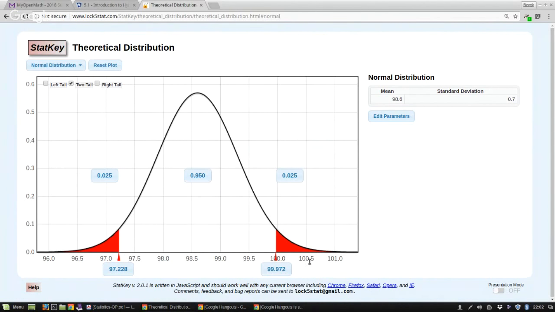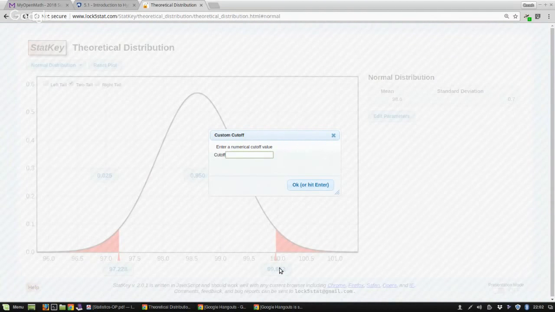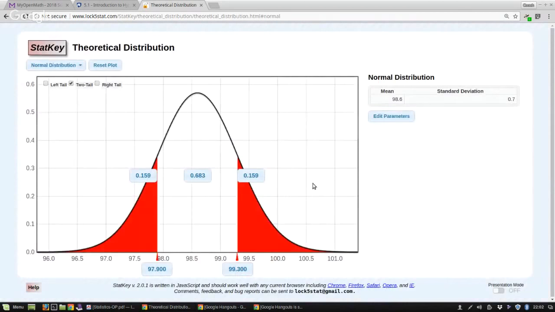If I go one standard deviation to the right, that would be 98.6 plus 0.7, which would be 99.3. And because I picked a two-tail test, it's going to give me one standard deviation to the right of center and one standard deviation to the left of center. And here again, the mean is my center, 98.6. And you can see I get the exact same values I was getting from what I call the standard normal. Standard normal, again, is when the mean is 0 and the standard deviation is 1.